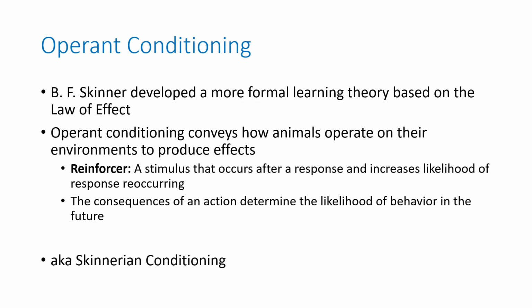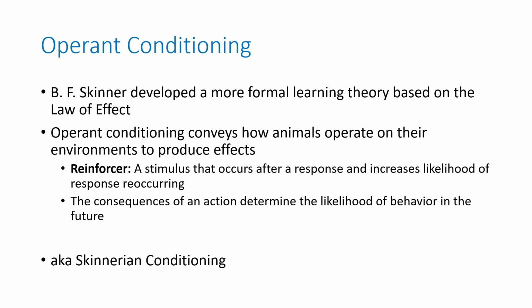This was further refined by B.F. Skinner, and he developed a much more formal learning theory that was based on this initial law of effect that we called operant conditioning. Operant conditioning is how an animal operates on their environment to produce an effect.